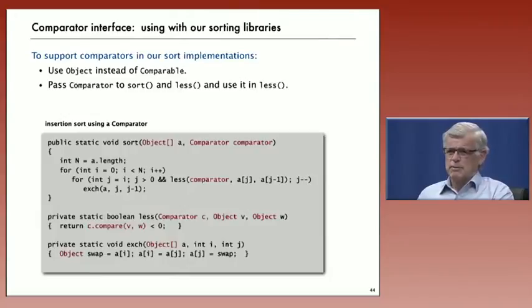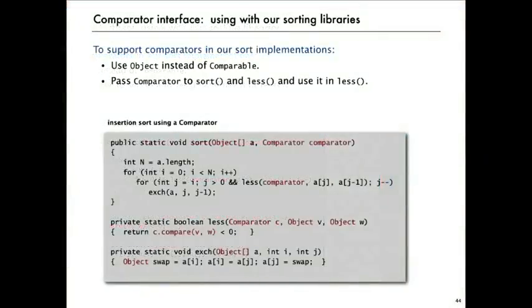So in our sort implementations, we can change them as shown in this example to support comparators. To support comparators in our sort implementations, we'll pass an array of objects instead of array of comparable, and then as a second argument, pass a comparator. Then the less method will take that comparator as an argument, and it's the one that actually invokes the method compare of two different keys.